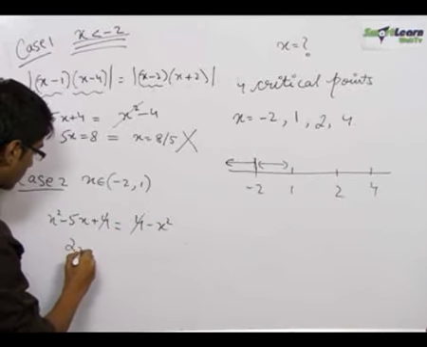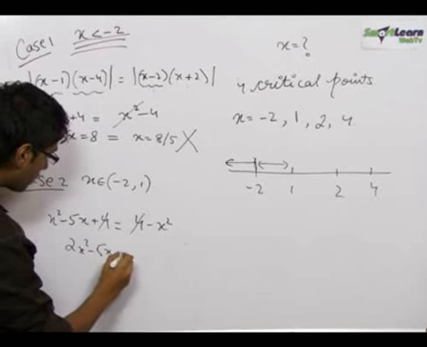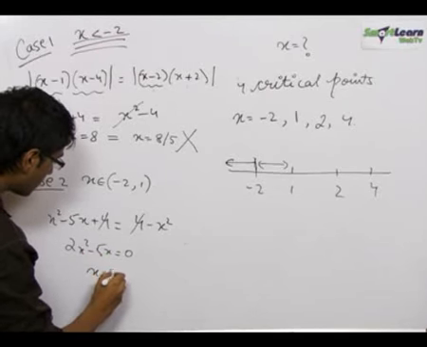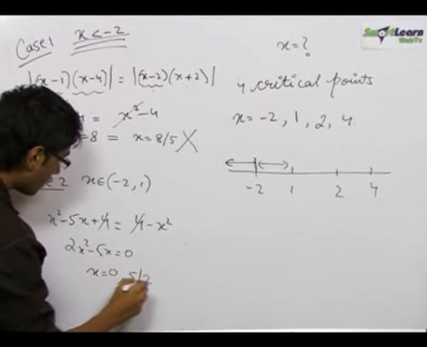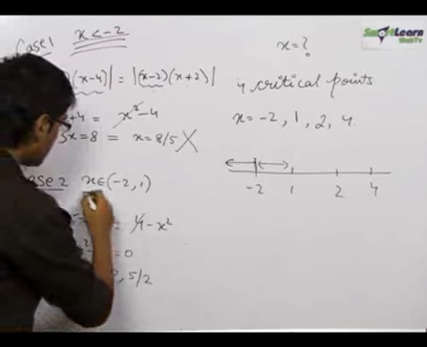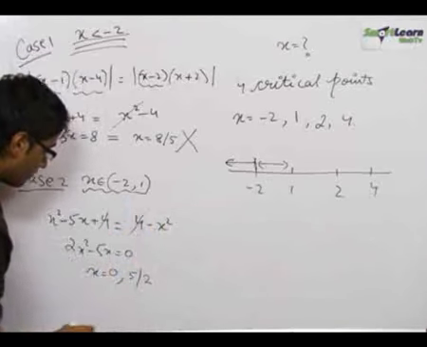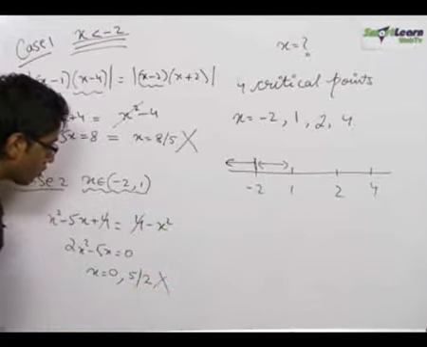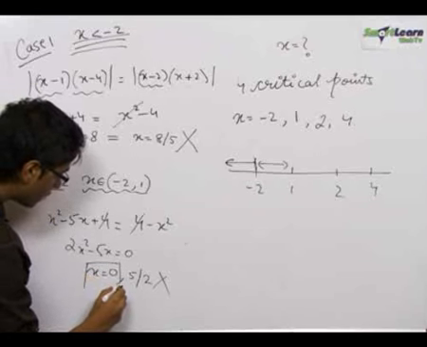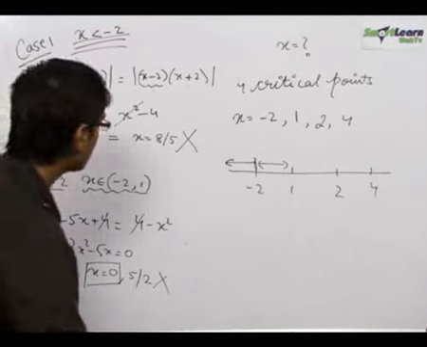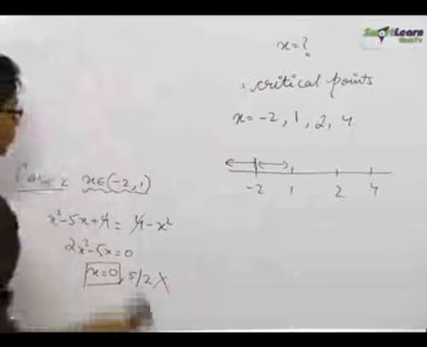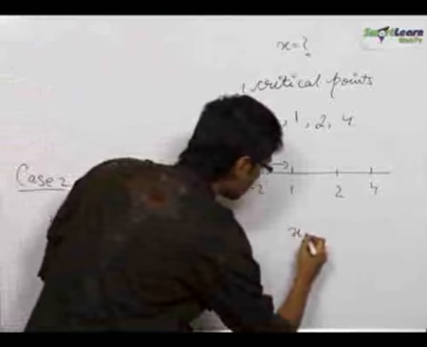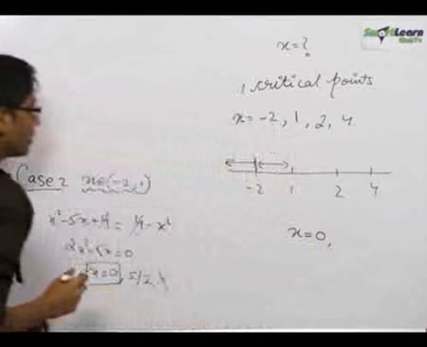So this becomes 2x square minus 5x equals 0, which gives x equals 0 and 5 by 2. Now the interval is minus 2 to 1 and 5 by 2 is not appearing in the interval, so we reject this, and the only solution which we get is x equals 0. So we have got our first solution as x equals 0. We try to find out other solutions.